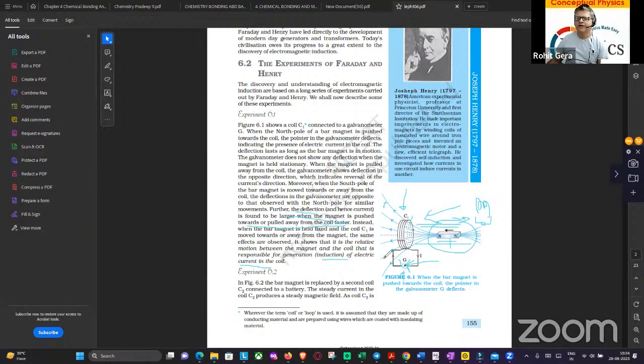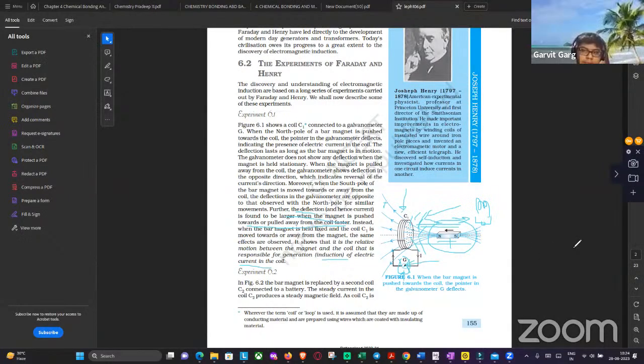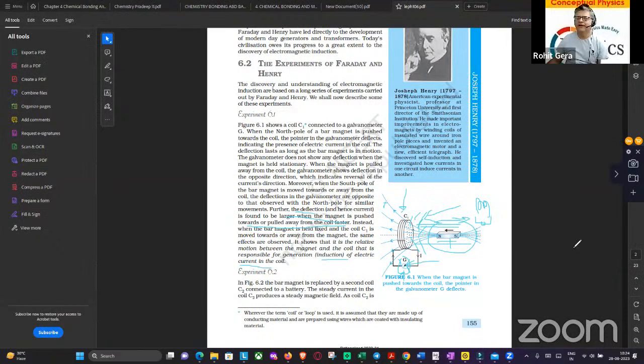You are converting the magnetic energy, the flux, into electrical energy. आप यूज तो मैग्नेट ही कर रहे हो, बिजली तो कहीं है नहीं, तो बिजली पैदा हो रही है, लेकिन यहाँ पे करंट इज गेटिंग इंड्यूस्ड बिकॉज ऑफ दिस मूवमेंट.